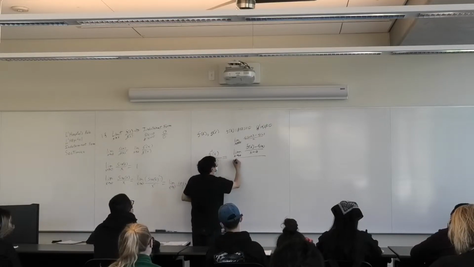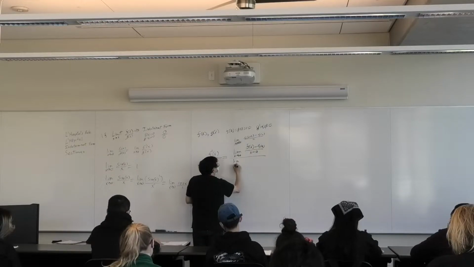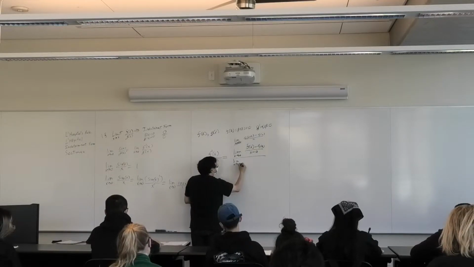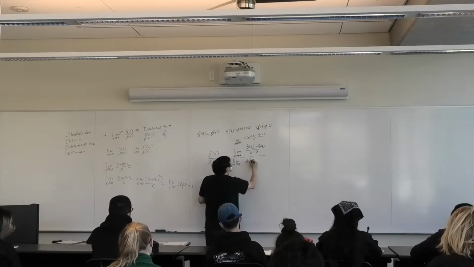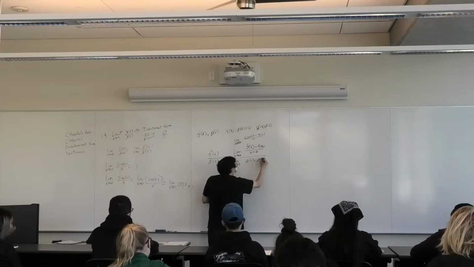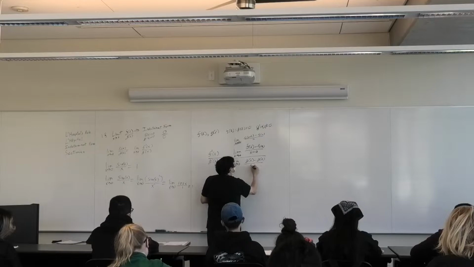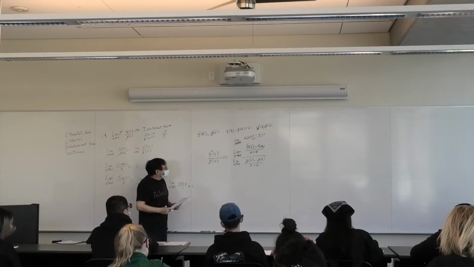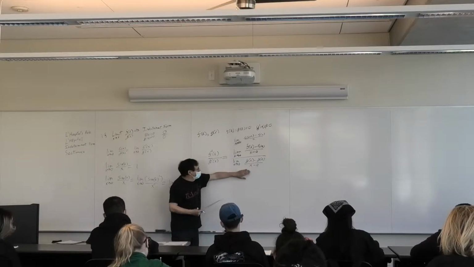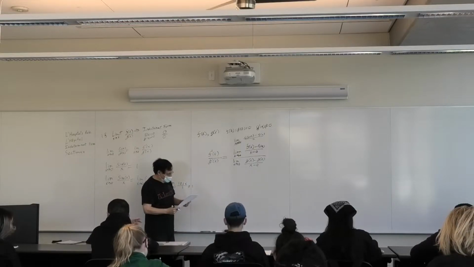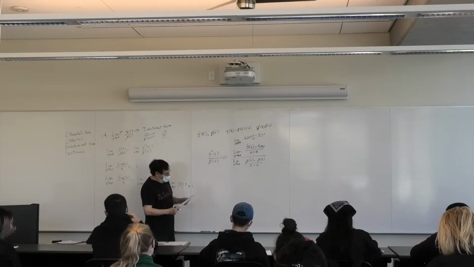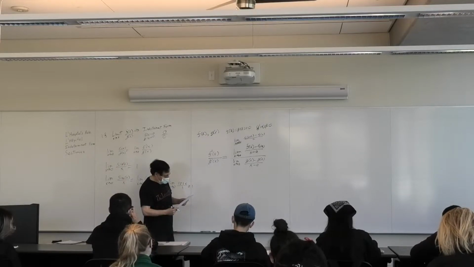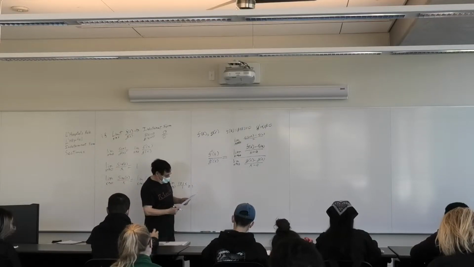Okay, so going back to this construction, we have the limit as x approaches a of g of x minus g of a over x minus a. That's again the definition of the derivative of g of x. Right.